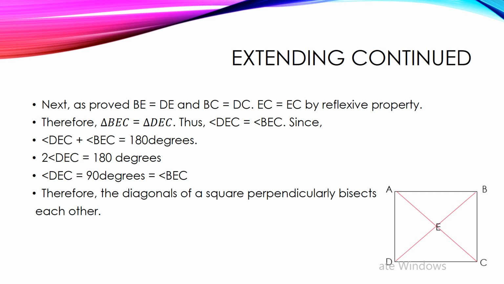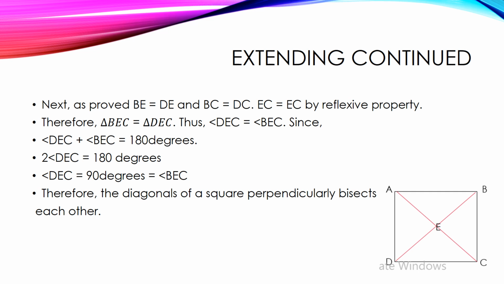Okay, going further, as we proved, line BE is equal to line DE, as well as line BC is equal to line DC. And by the reflexive property, we have EC equals EC. Therefore, triangle BEC and triangle DEC are congruent with each other. Thus, the angle DEC, so this angle right here, and the angle BEC, this angle here, are equal to each other.